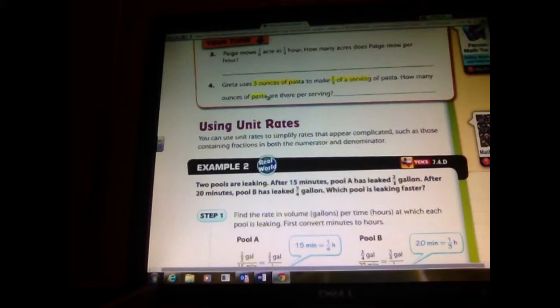So I'm doing pasta per serving. What did the problem give me? 3 ounces of pasta per serving of 3/4. This is a complex fraction because I have a fraction in my denominator. I want to know how much it's going to be for 1 serving.